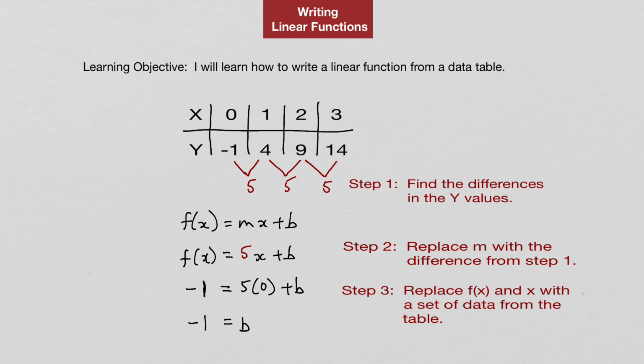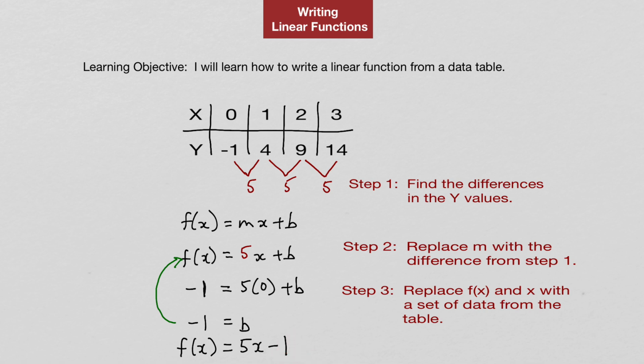And now that we know what b is, we can replace the b back into this equation, since this was the last piece that we were looking for. And so the linear equation for this table will be as follows. F of x is equal to 5x minus 1.